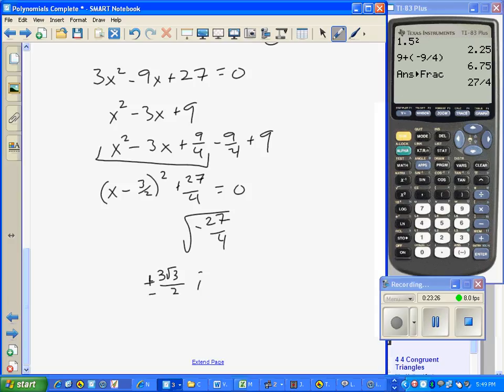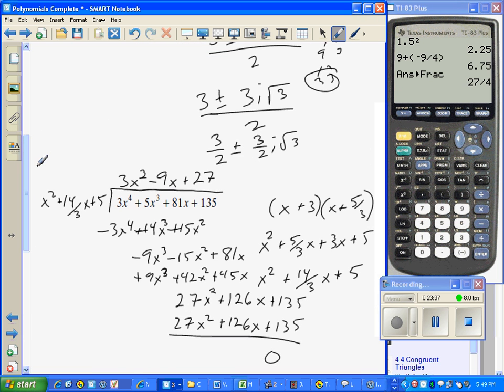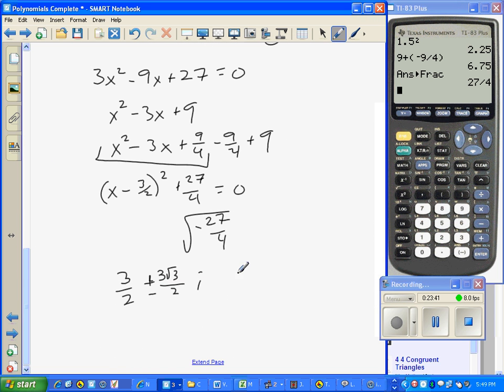And then I do my plus or minus. And then I need to add the 3/2 over. So I get the same thing that I had up here when I did quadratic. So that's just another way you can solve.